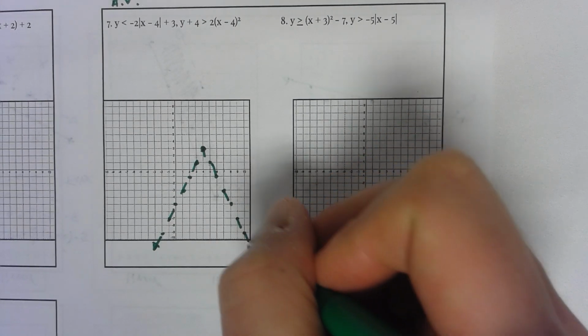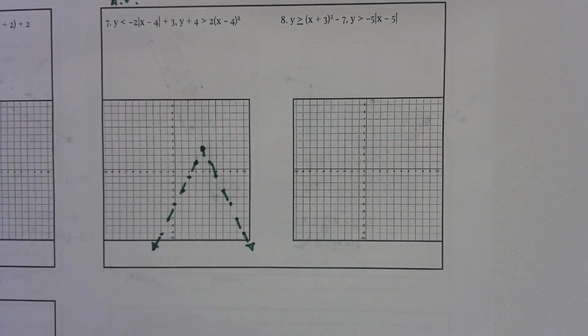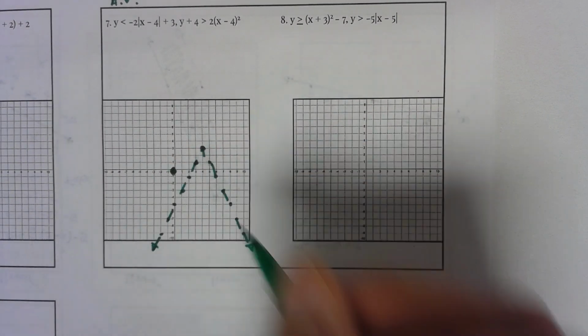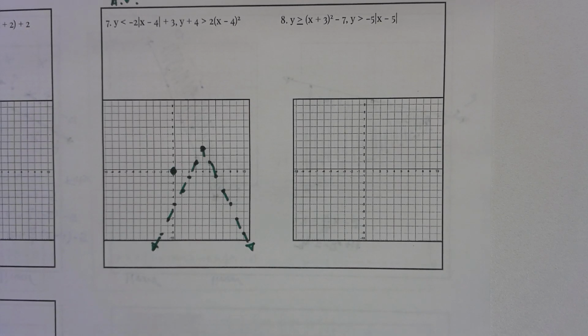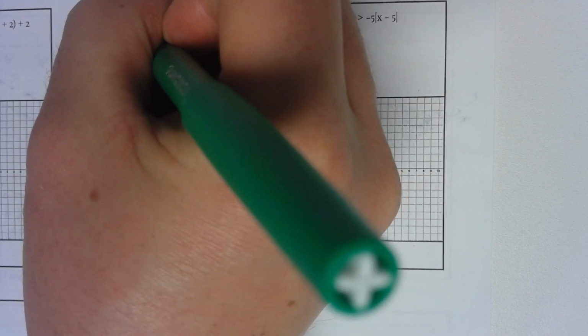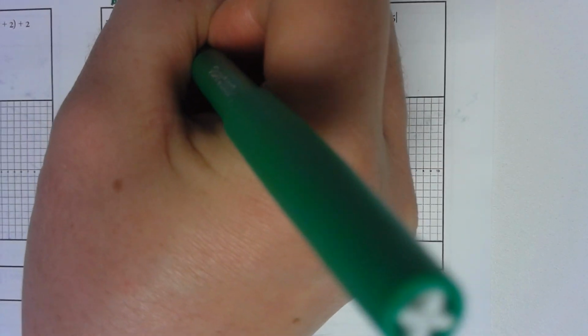And then before we do anything else, let's figure out where to shade. So just like the other absolute value graph we looked at, (0, 0) is on the outside. And so when I test (0, 0), I get 0 is less than -2 times |0 minus 4| plus 3.